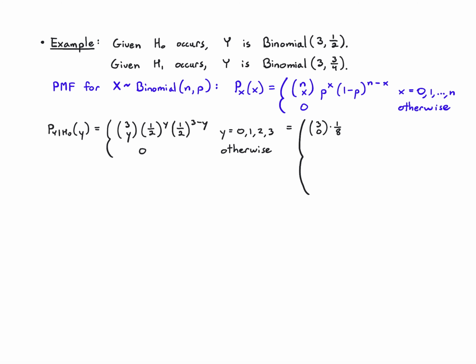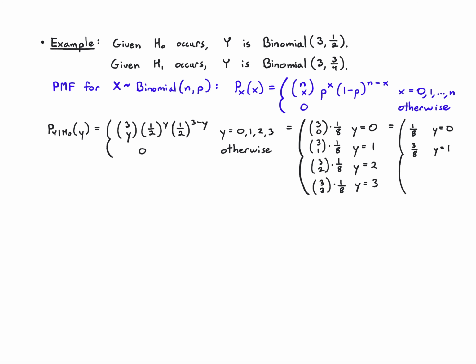So I get 3 choose 0 times an eighth for y equals 0, 3 choose 1 times an eighth for y equals 1, 3 choose 2 times an eighth for y equals 2, and 3 choose 3 over 8 for y equals 3. And so this is all going to work out to be 1/8 for y equals 0, 3/8 for y equals 1, 3/8 for y equals 2, and 1/8 for y equals 3.